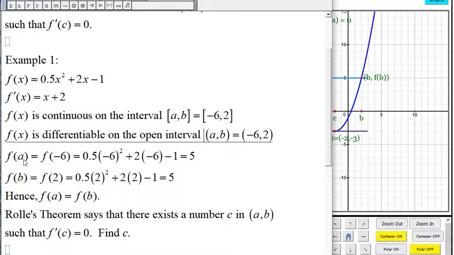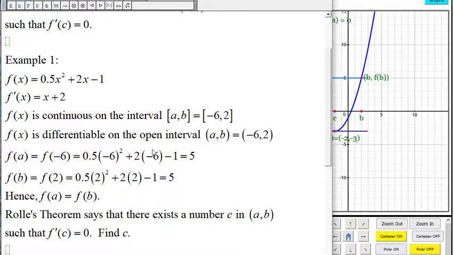So f(a) is just f(negative 6), so we just plug in negative 6 and simplify, and we get 5. f(a) is f(negative 6), which is 5.